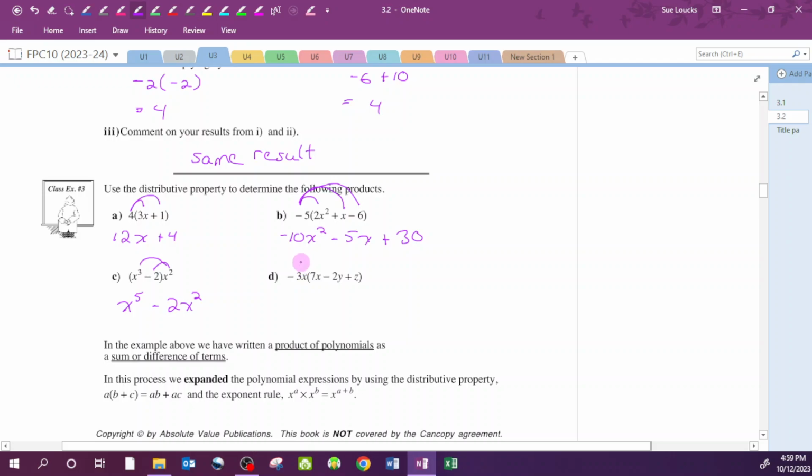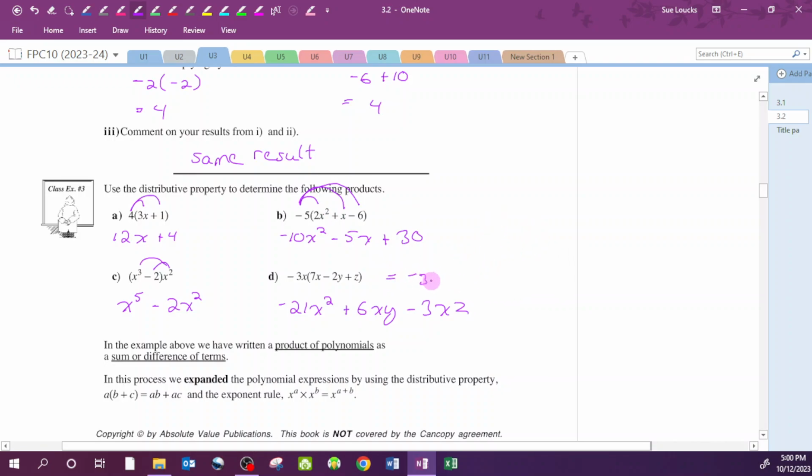Negative 3x times 7x, that's minus 21x squared, plus negative 3x times negative 2y, that's going to be 6xy, and then negative 3x times z is negative 3xz. Okay? And again, if you need to write it out, why don't I just write this one out the longest way that you can do this.